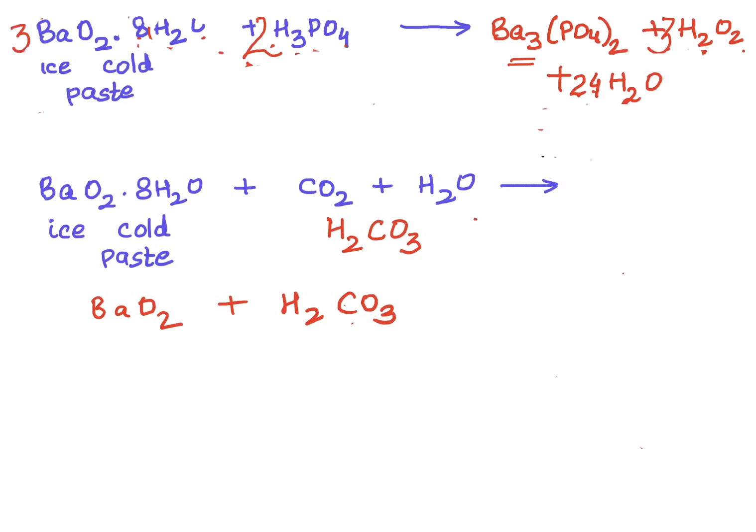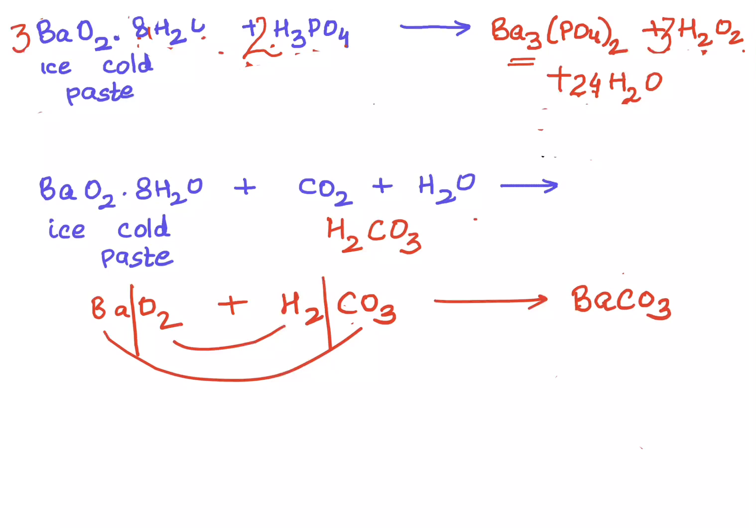Again, split it in the same way, but don't forget the valencies. Positive with negative, positive with negative, and of course water. So what will you get over here? You will get barium carbonate plus hydrogen peroxide and of course water, because this is hydrated barium peroxide that you are using. Can you go ahead and balance this equation, please?